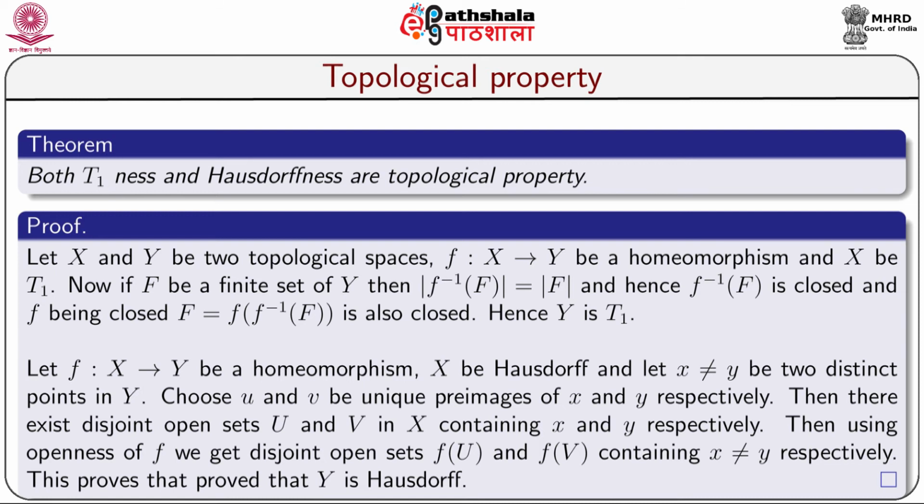So, to prove T1-ness of Y, we have to show that every finite set in Y is closed. Let F be a finite set in Y. Now, consider the set f inverse of F. Since f is injective, f inverse of F is also a finite set, and its cardinality is equal to the cardinality of F.